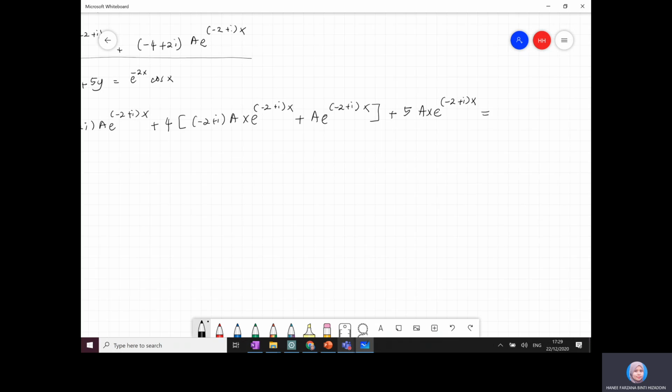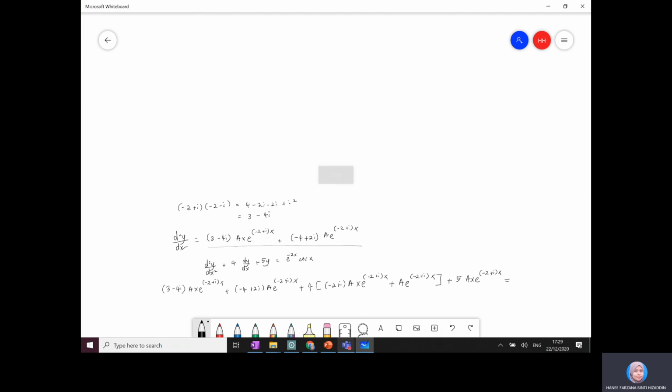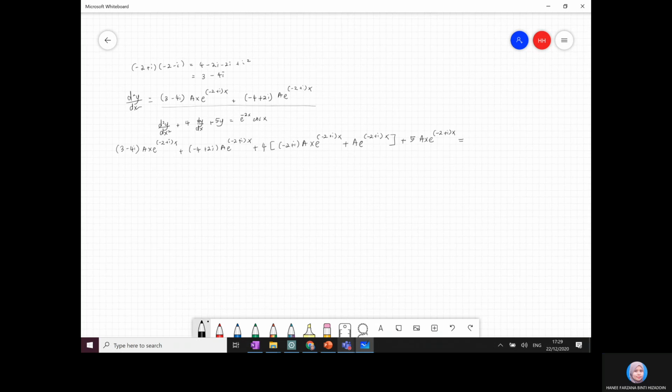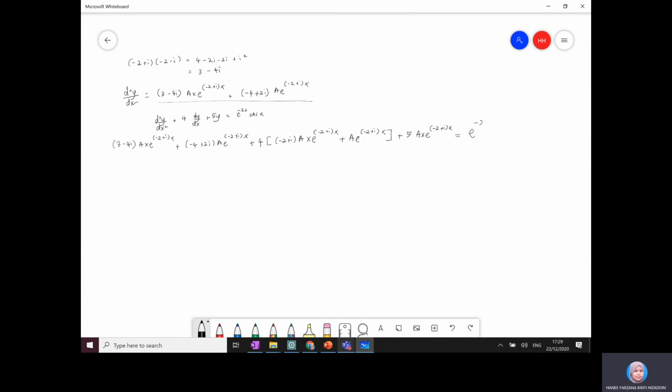So that will be equal to e negative 2x cos x. But then we don't want to write it in this term because we want to make everything in terms of the Euler form. So equal to e to the power of negative 2 plus i x.